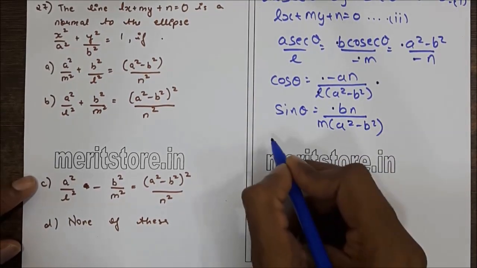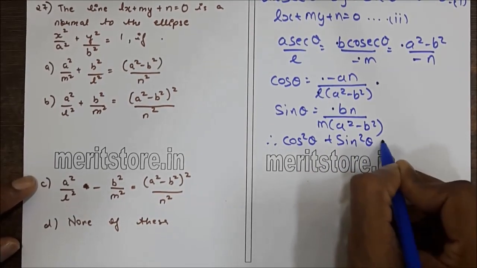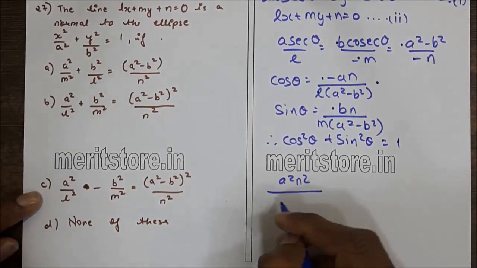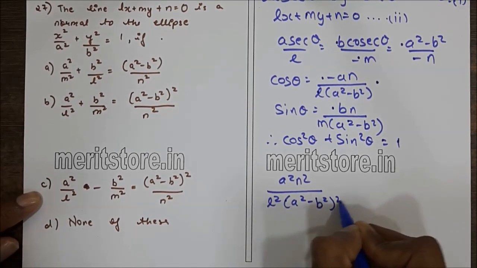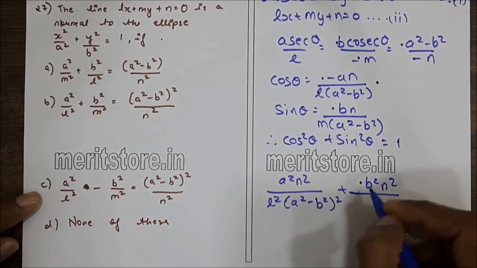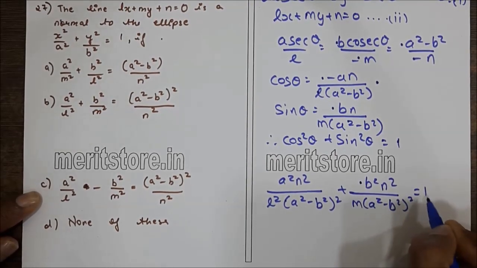Since cos square theta plus sin square theta equal to 1, substituting the value we get a square n square upon L square into a square minus b square the whole square, plus b square n square upon m into a square minus b square the whole square, equal to 1.